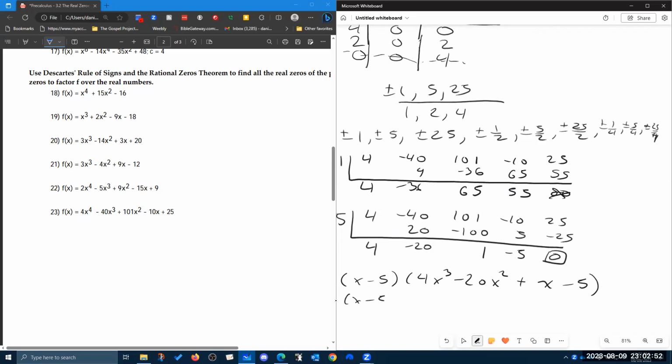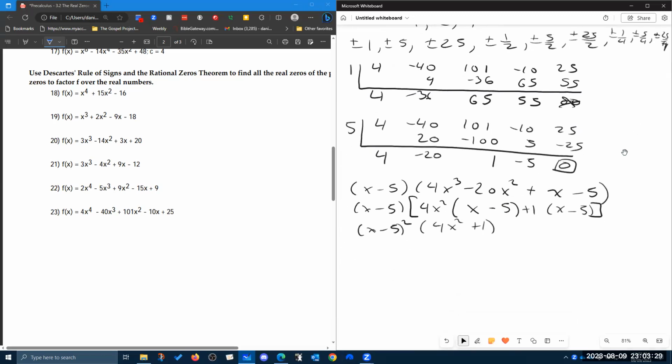So this is x minus 5 times 4x squared, plus 1 times x minus 5, gives us an x minus 5 quantity squared times a 4x squared plus 1. One of the things that this shows you is that you can have a repeated root. So if I would have used 5 again for synthetic division, it would have worked again. So just because you use it one time does not mean that you're completely done with it.